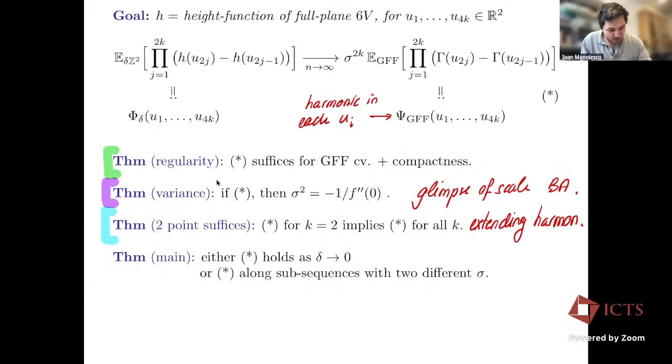And the final and most important, key theorem is this one, which is a sort of dichotomy.